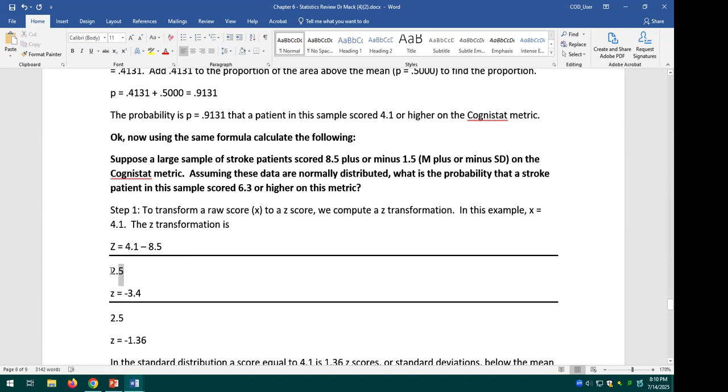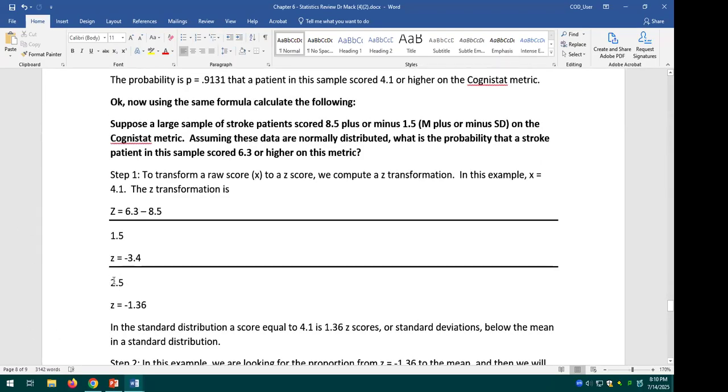Our standard deviation is going to be 1.5. And our 6.3 minus 8.5 is negative 2.2 divided by 1.5. I get Z is negative 1.46 or 1.47 if we round.